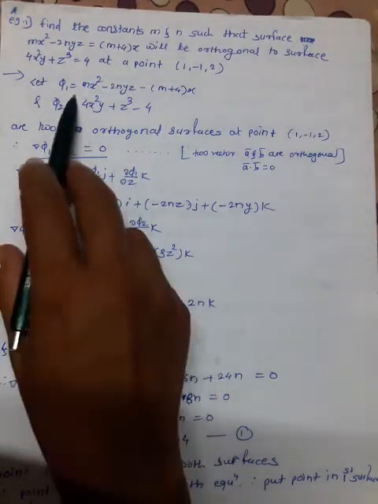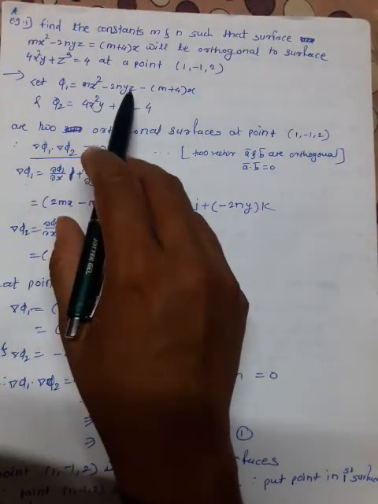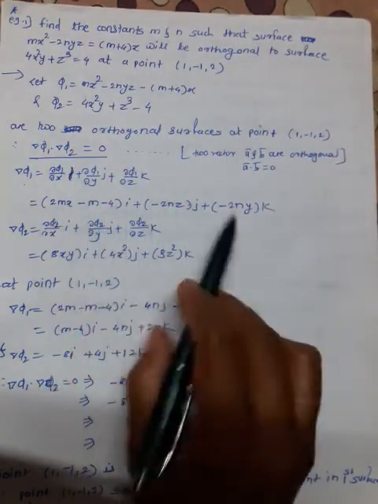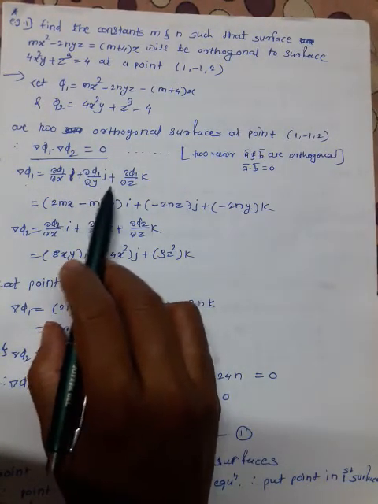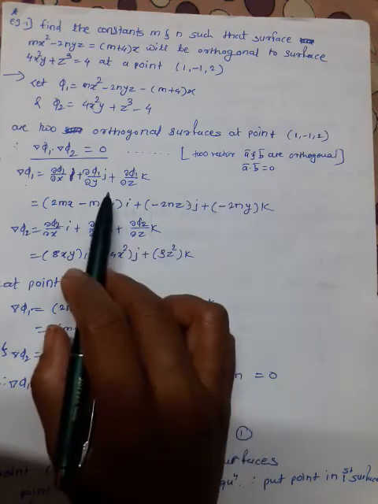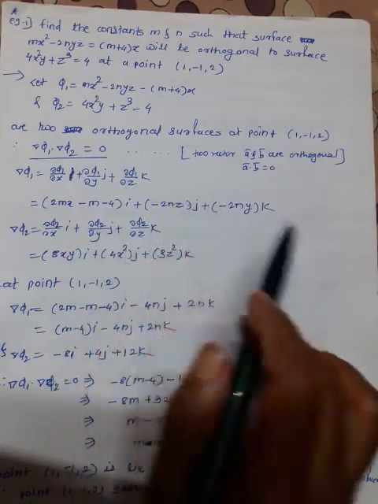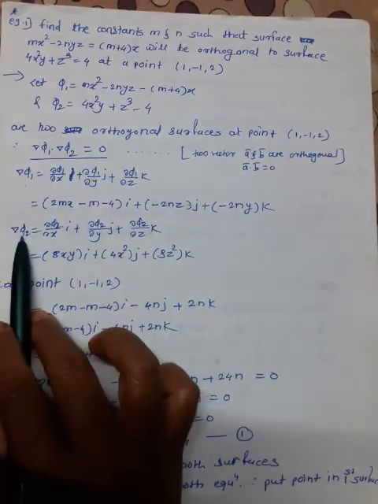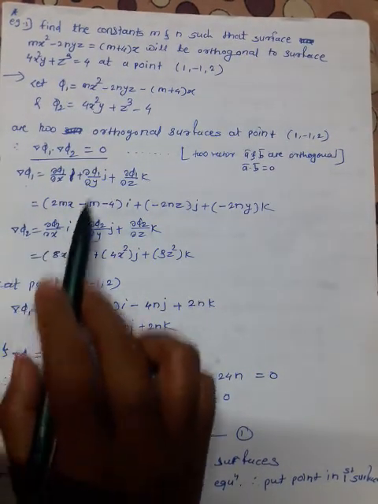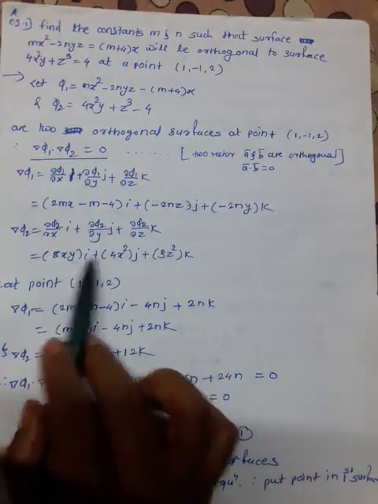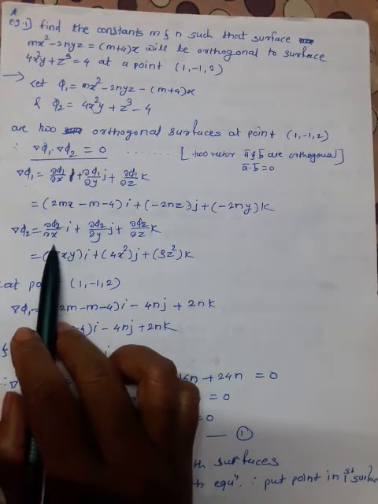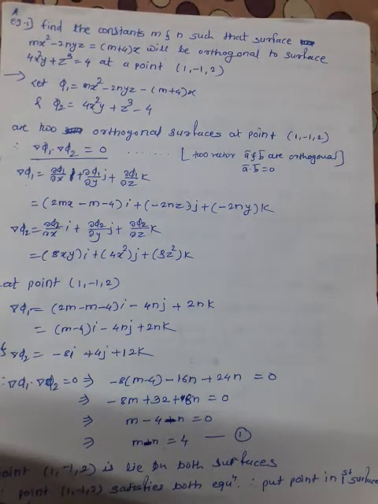Plus del phi 1 by del z, the derivative with respect to z, is minus 2ny, with k. The rest, apart from that variable, are constants. That is the only rule for partial derivatives. This is del phi 1. Similarly we find del phi 2, the derivative of phi 2 with respect to x, y and z, treating the other variables as constants.